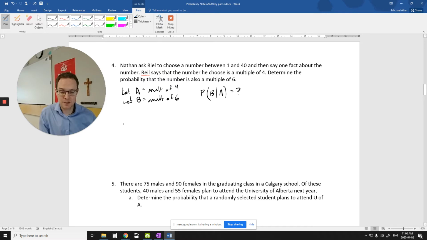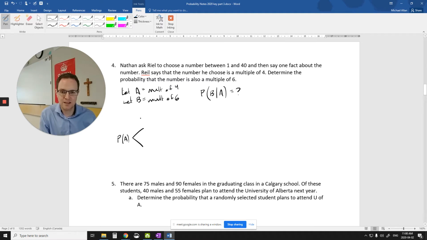So let's go through the logic of this and say, okay, how would I calculate this? What would I do to find out one, and then I can find out the other? If I were to think about this as a tree, or you could think of it as a Venn diagram, there's lots of different ways to do this, but I can think of this as a tree because that's the way we've been doing these. First of all, what is the probability of it being a multiple of 4 to start off with, because that's what he decided?